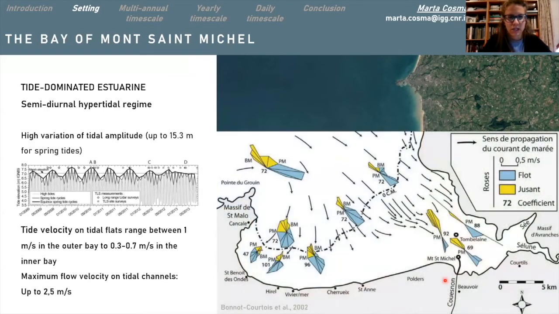So this is a tide-dominated estuary system, which shows a semi-diurnal hypertidal regime, with a tidal amplitude that can be up to 15.3 meters for spring tides, and the tidal amplitudes show a really huge variation.